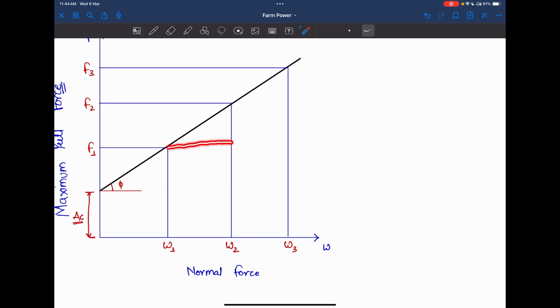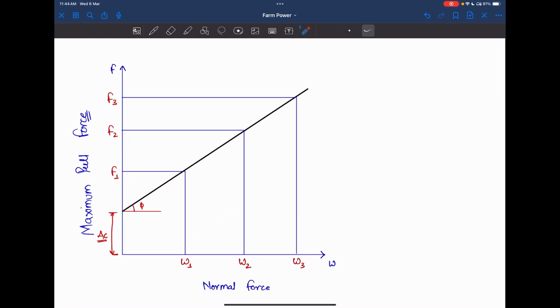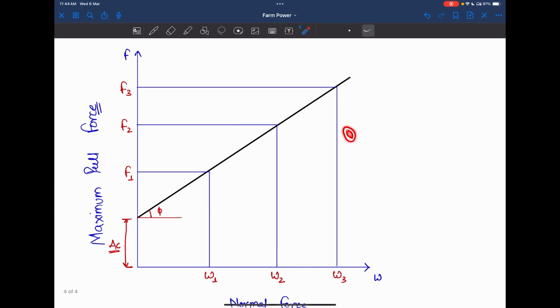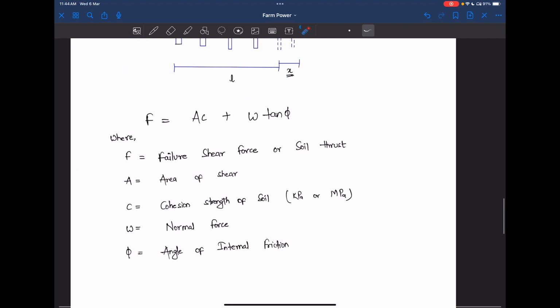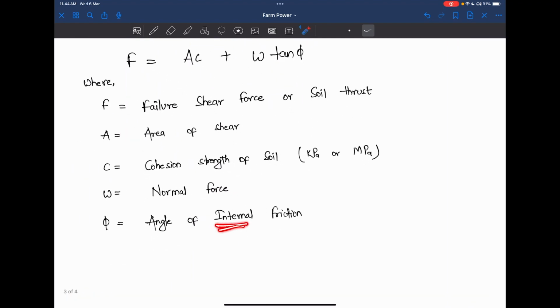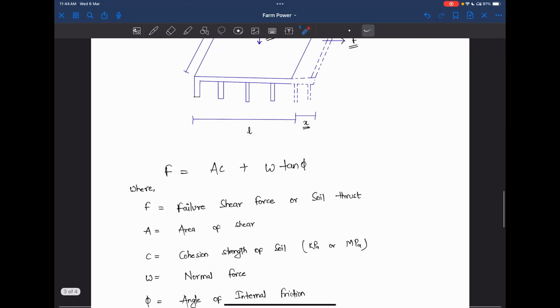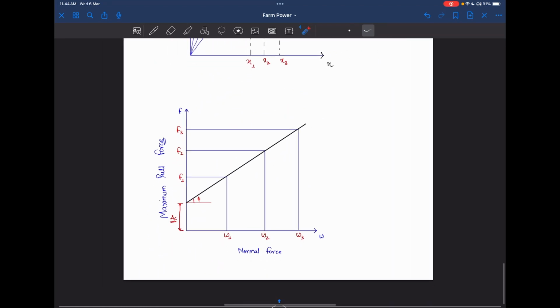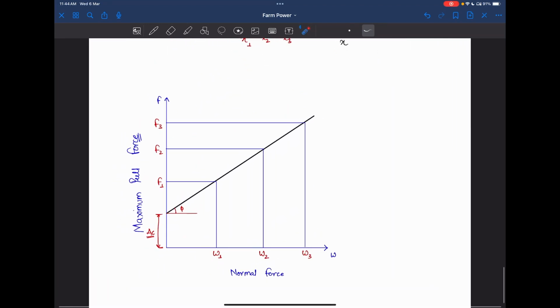Or we can just extend this line similarly. This is how we can find the value of theta. After calculating, theta is the angle of internal friction. With this value, Mohr defined this.